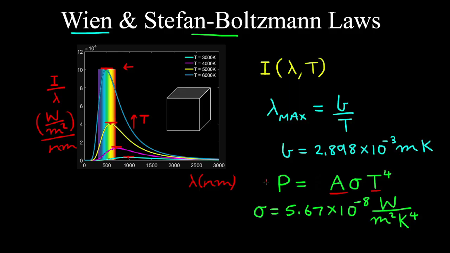So note that the Stefan-Boltzmann law is obtained by integrating Planck's law, which gives the area under the curve of the blackbody spectrum. So I'll leave the derivations to you as an exercise if you've taken calculus. So the Stefan-Boltzmann law allows us to estimate how much energy a star is radiating by remotely measuring its temperature.